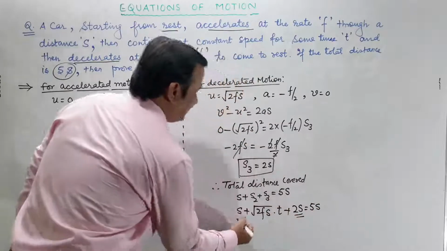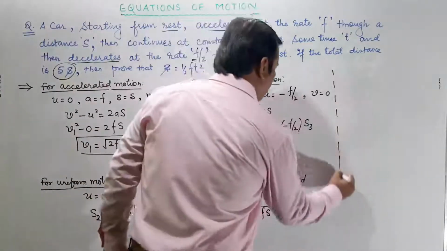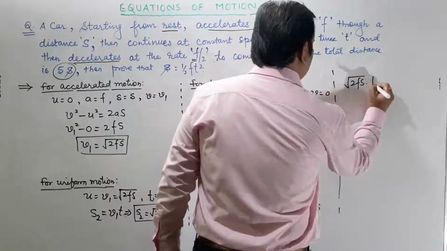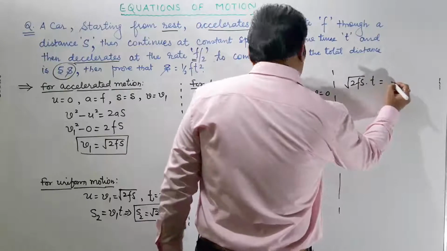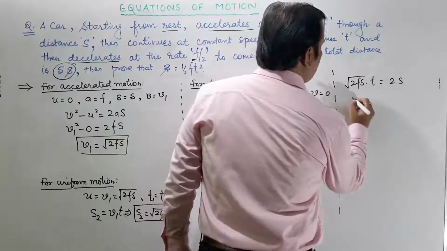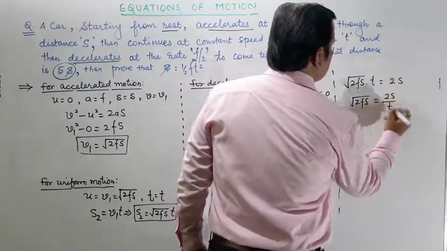Here s and 2s give 3s, which goes to the other side. So under root 2fs into t will be equal to 2s. So under root 2fs equal to 2s by t.